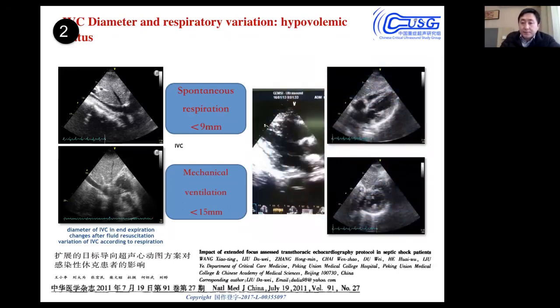And a small hypercontractile left heart, or a small hypercontractile heart, may be another sign to confirm that the patient has hypovolemia, and to give more fluid under the condition that shock has happened.